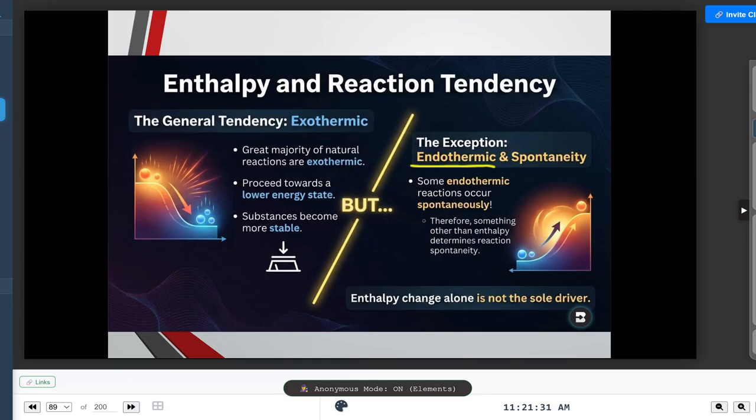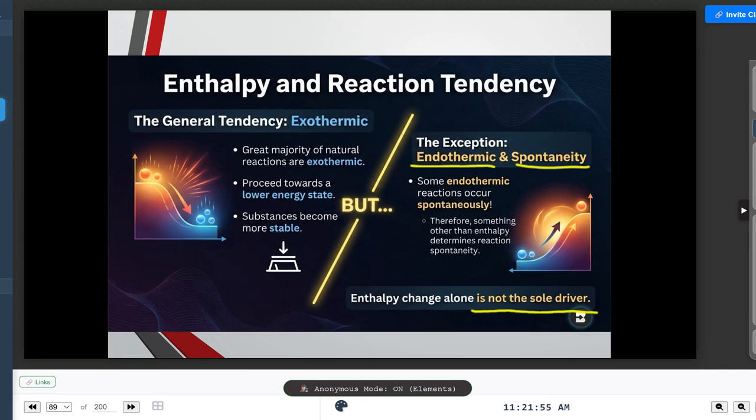Why does that ice pack feel cold after I strike it? Right? Well, because there are some things that are going to happen spontaneously, which are going to allow for something to take place that isn't exothermic. And that has to do with something that we're going to talk about now, the entropy.